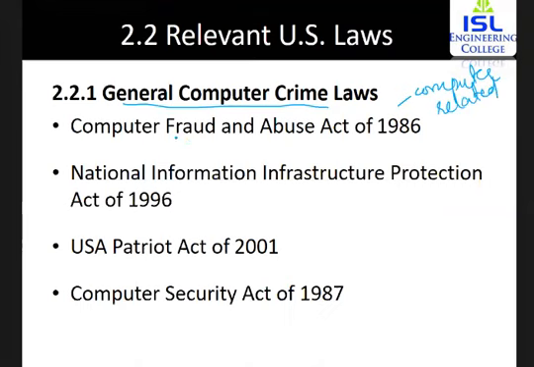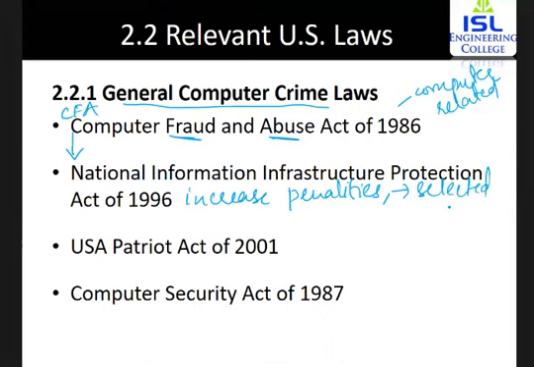As by the name you can say, computer fraud and abuse of the computer come under this category. Later, the CFA Act was amended by the National Information Infrastructure Protection Act. Within this, they made many changes, like increasing penalties for some selected crimes.